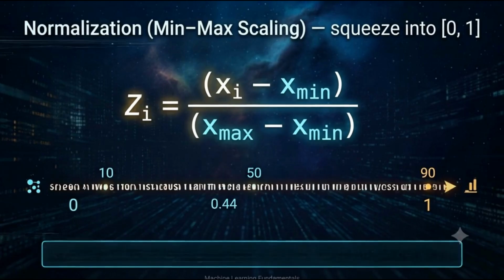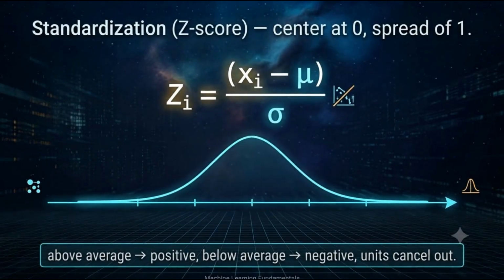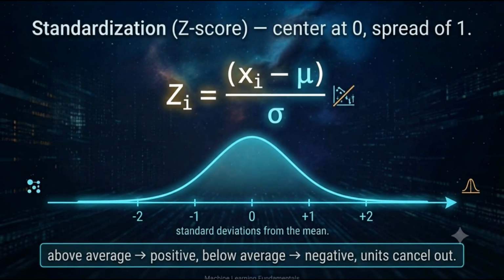The second is standardization, also called z-score scaling. Instead of forcing the data into a fixed 0 to 1 box, it reshapes the feature so that it has a mean of 0 and a standard deviation of 1. Values above the average come out positive, values below come out negative, and the size of the number tells you how many standard deviations away from average you are.